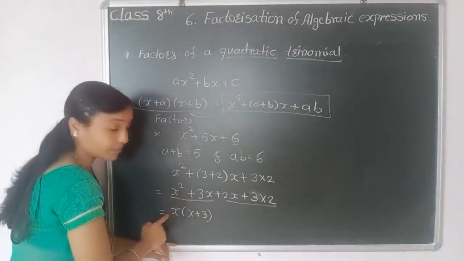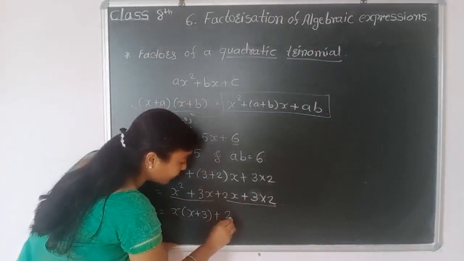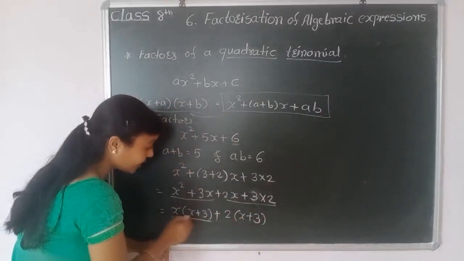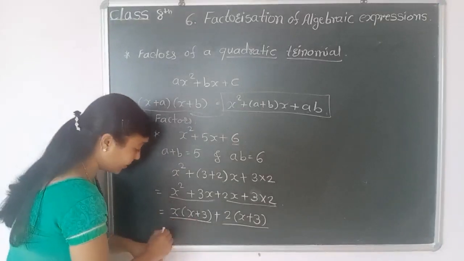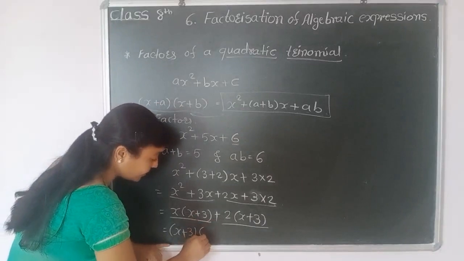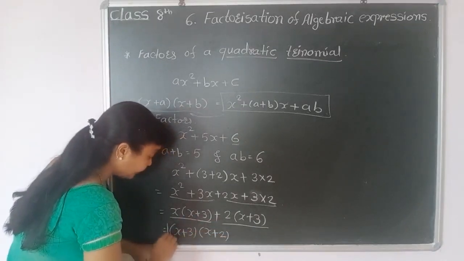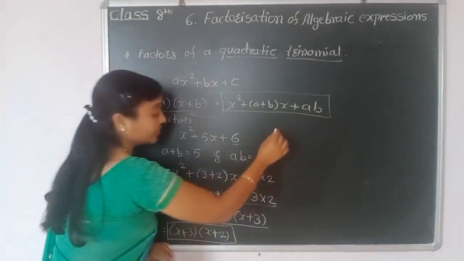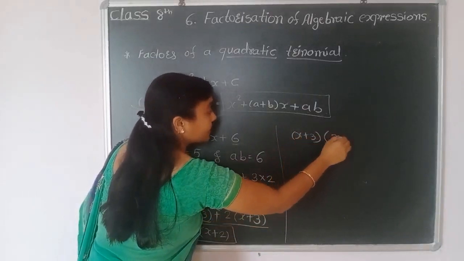In the second pair 2 is common, and in the bracket remaining x plus 3. Again we observe that this bracket is common. Take out this common x plus 3 and the remaining terms are another bracket, x plus 2. So these are the factors of this expression, x plus 3 and x plus 2.